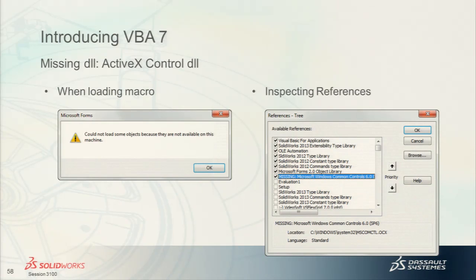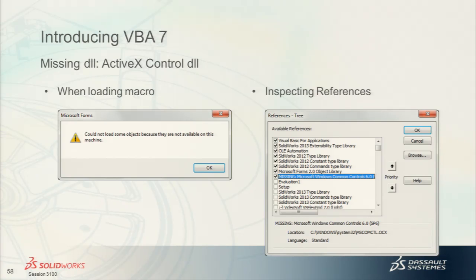So, problem. ActiveX controls. If you go and load your macro up in SolidWorks 2013, it will tell you as soon as you load it. It says, some of your objects I can't find on this machine. Your sliders, don't know where they are. Your buttons or your special grids, I don't know where they are. And if you then open up tools references, it will say missing.